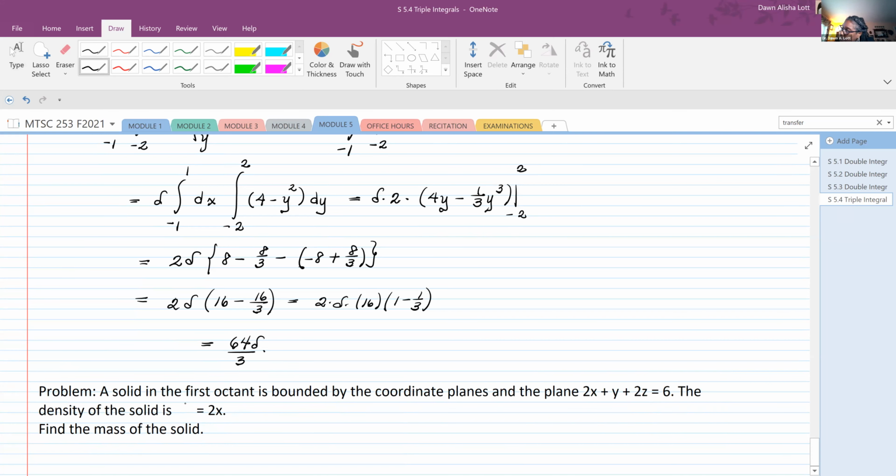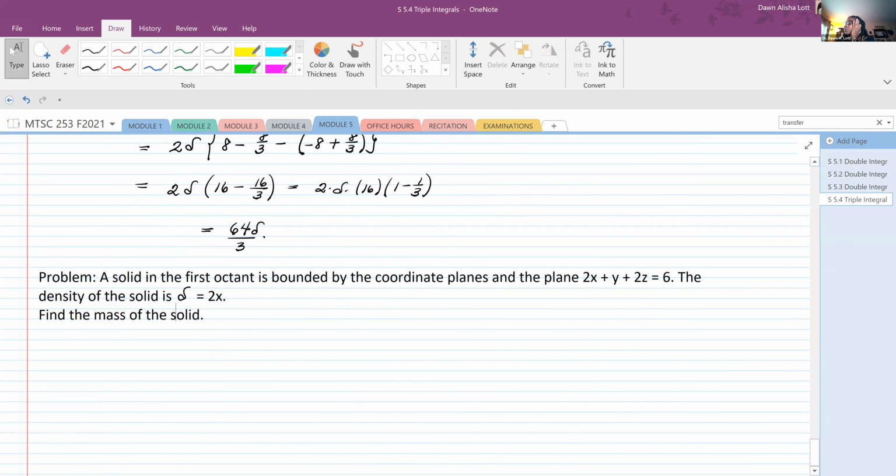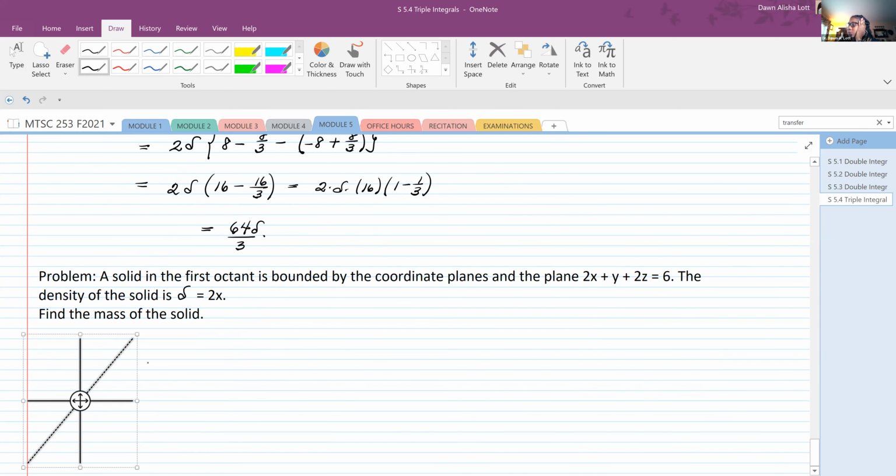Okay, so delta's 2x. Now this one has a coordinate plane over top of it, so it's very similar to the other one, but we have to find where it meets.